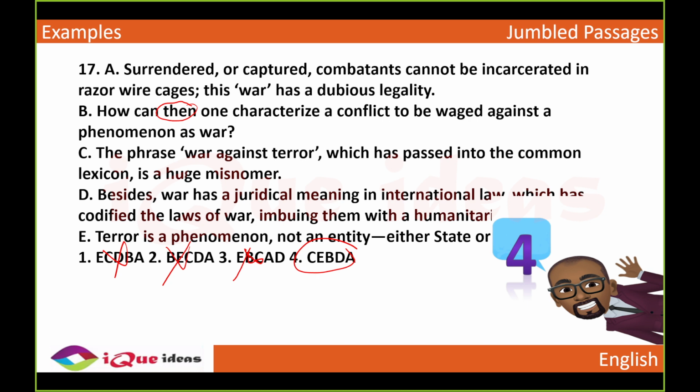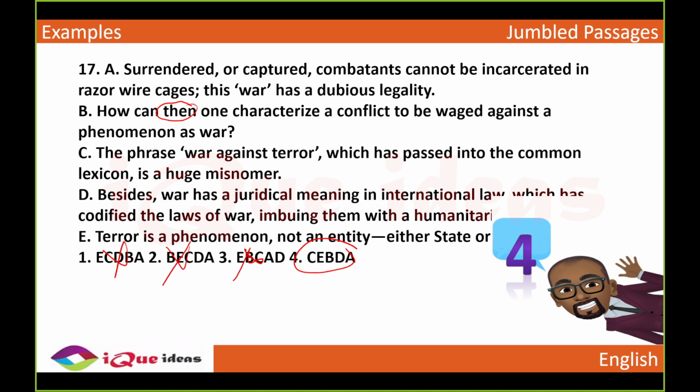E looks like a title. Okay, E looks like a title, but if you take a look at C, the entire five lines explain why war against terror is a wrong phrase. War against terror, they say, is wrong. Why? Because terror is something, war is something, and they don't fit together. In that sense, C is the starter because the entire thing is based on that.